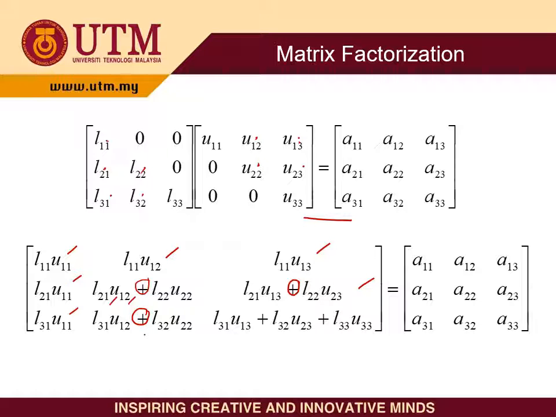And then for the last one, you need to do three operations, multiply and two times plus. For the first one, L31 U13, and then L32 U23, L33 U33, and then you plus them all to get the A33.